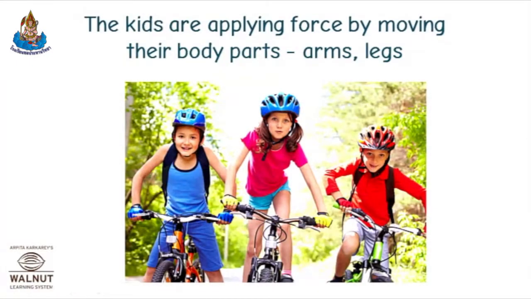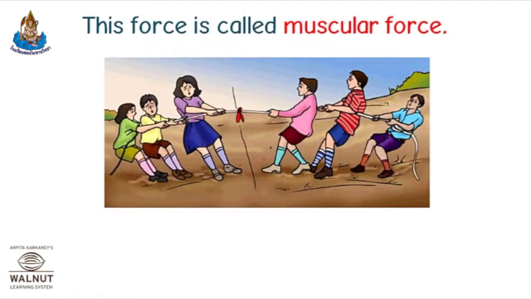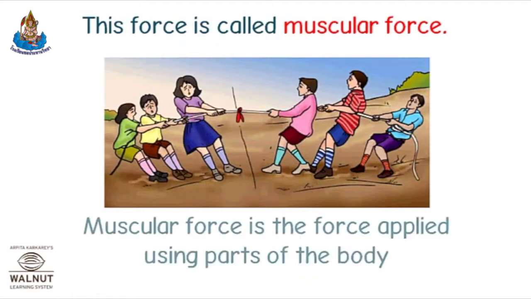The kids are applying force by moving their body parts, arms and legs. This force is called muscular force. Muscular force is the force applied using parts of the body.